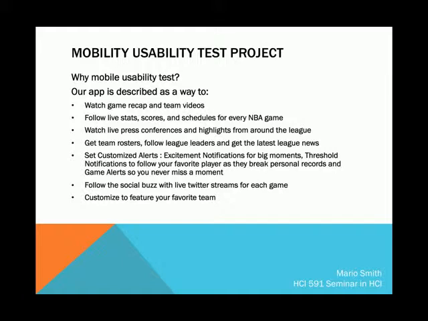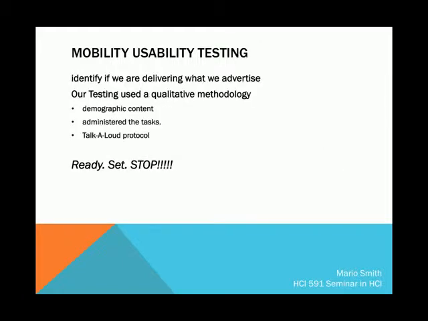They can watch live press conferences, see different highlights from around the league, get team rosters, and a host of other features and functionality that we have incorporated in the app. So, my objective with all of this is to identify if we're delivering exactly what we've advertised in the most effective and user-friendly way possible.